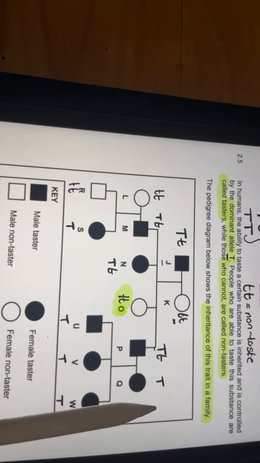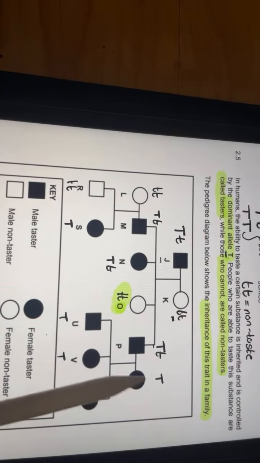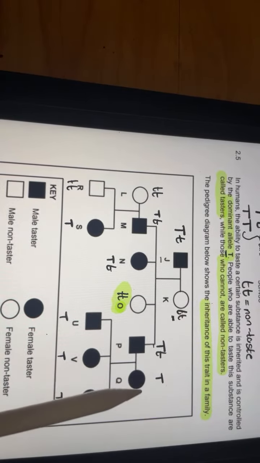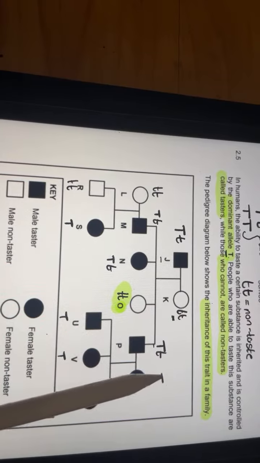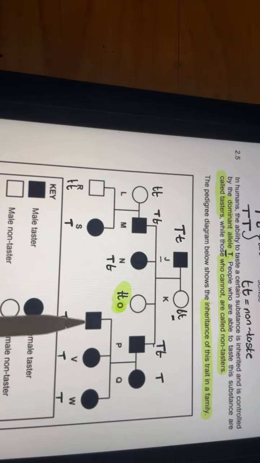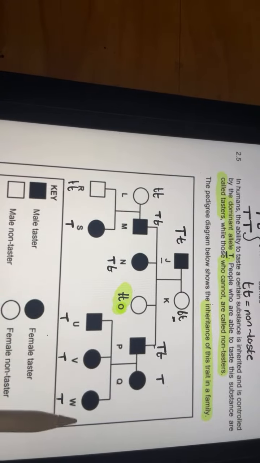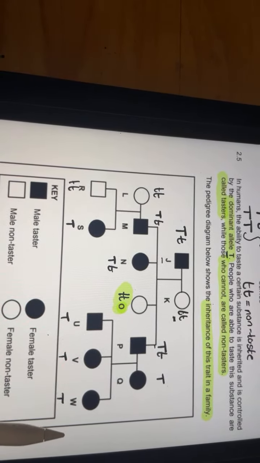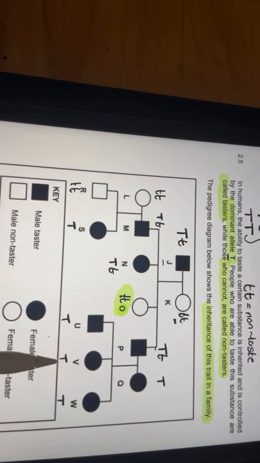Now let's fill in our Q person. Now this female, she has one T for now. And as you noticed here, we've got sons and daughters who all have the disorder. So they all have capital T's. But here's where it's interesting.